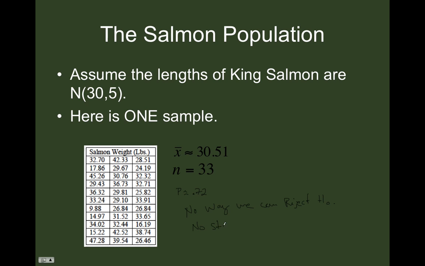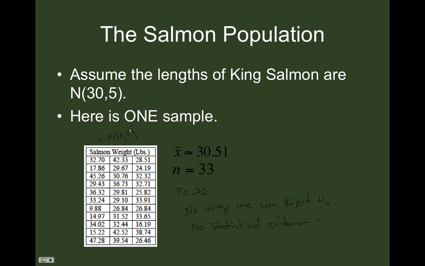There's no statistical evidence. Now, that should stand to reason, because if you think all the way back to when I originally did this problem, the salmon weights were these salmon weights. This set of data was sampled from N(30, 5).